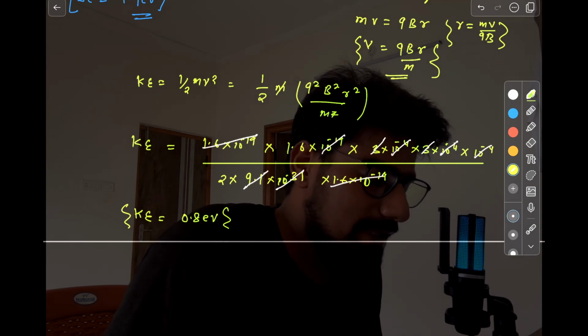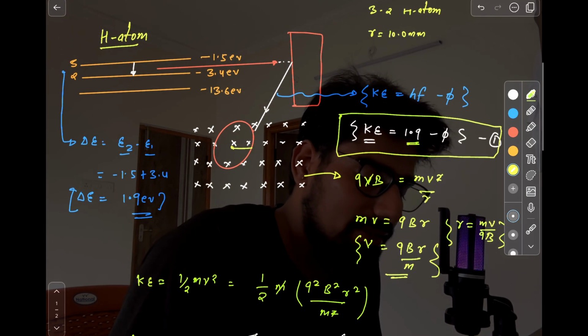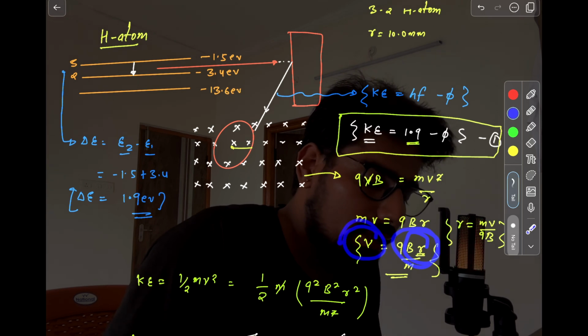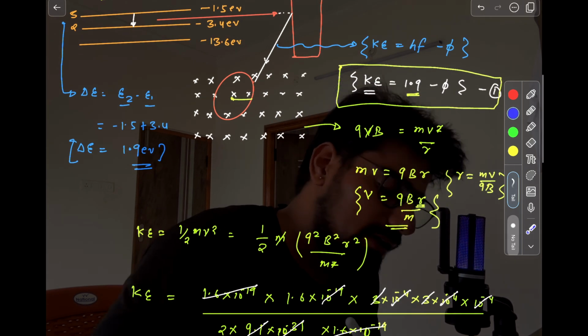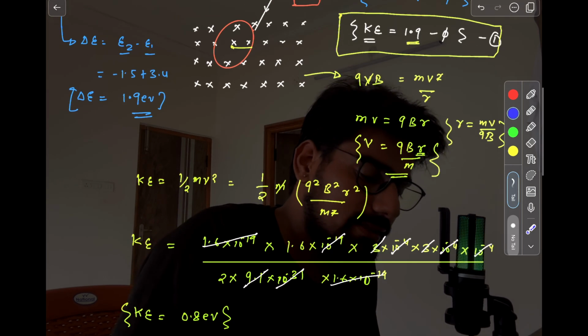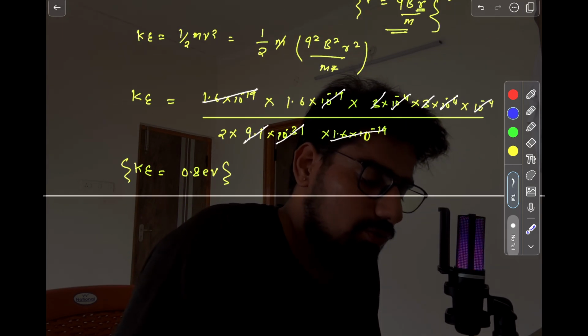Look, this is the maximum kinetic energy of the electron. Why maximum? Because we have been given the maximum radius. Corresponding to maximum radius, we will get the maximum velocity. Corresponding to maximum velocity, we will get the maximum kinetic energy. That's why this kinetic energy is the maximum kinetic energy, which is 0.8 electron volt.